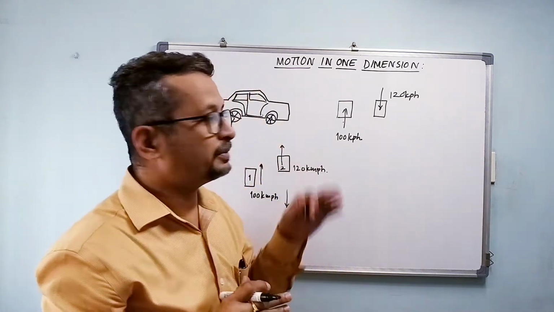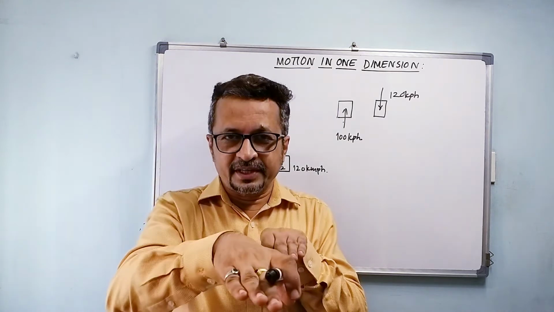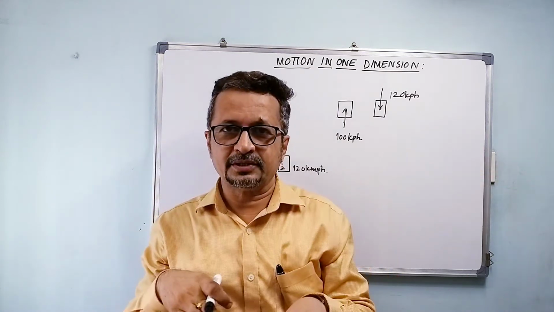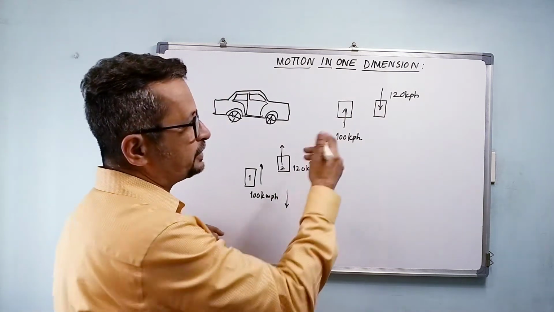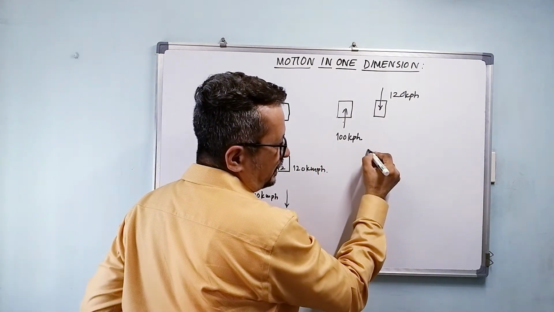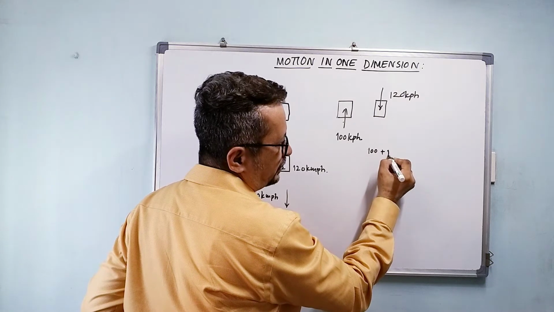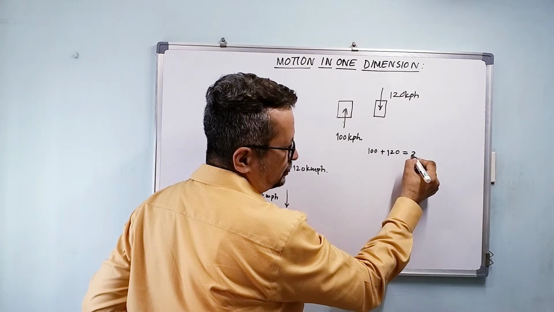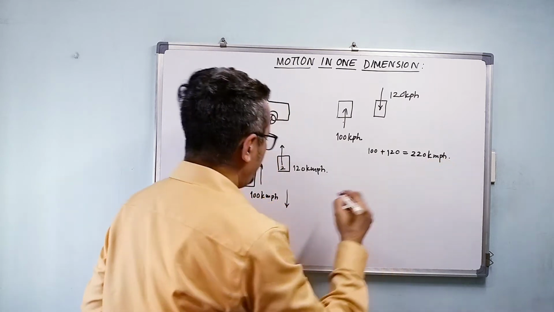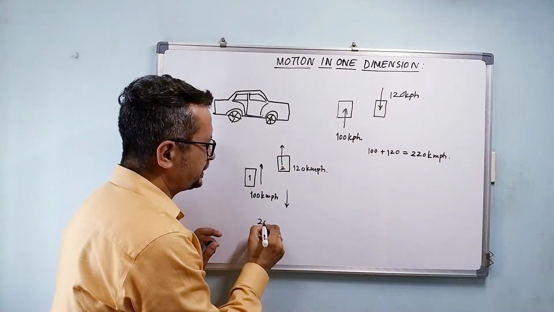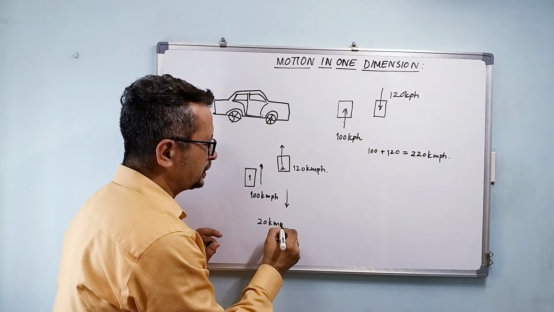Both the cars, as they cross, go zoom, isn't it? So what is the apparent speed over there? Apparent speed would be 100 plus 120, that is equal to 220 kilometer per hour, and here it is 20 kilometer per hour.